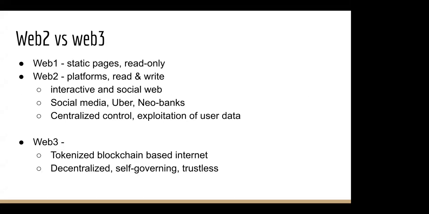Now, you must have come across the terms web 2 and web 3, if you have explored the blockchain space. Web 3, you can consider a space of new technological innovation, where we are creating open and decentralized networks where there is no trust assumption.